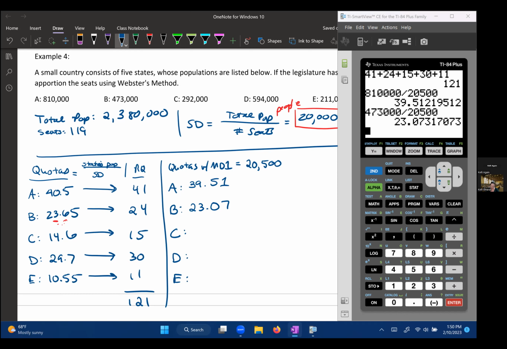Okay, so let's do state C, 292,000 divided by 20,500, 14.24. All right, what about D? That's 594,000 divided by the new divisor, which is 20,500. 28.975, so that's 28.98.